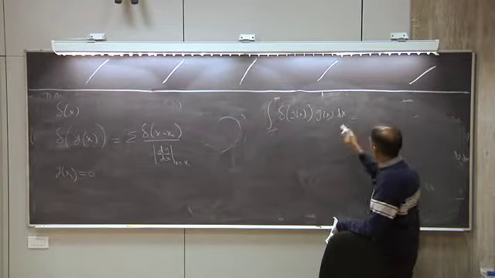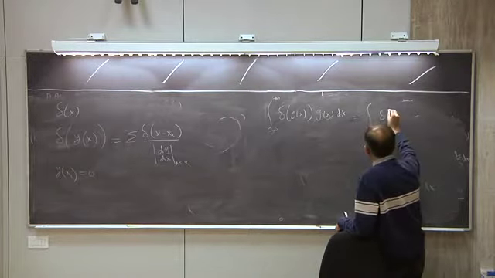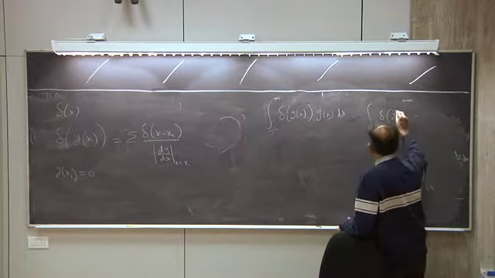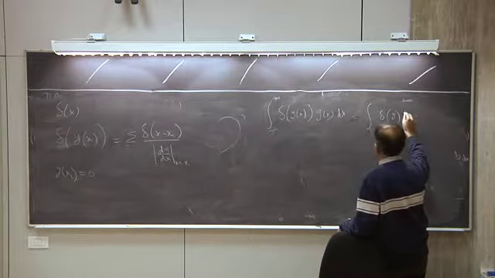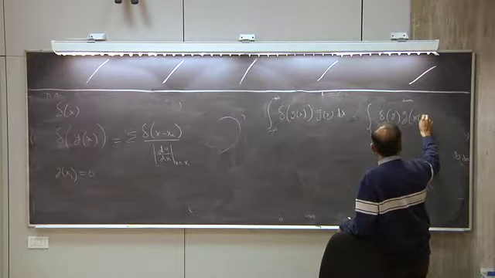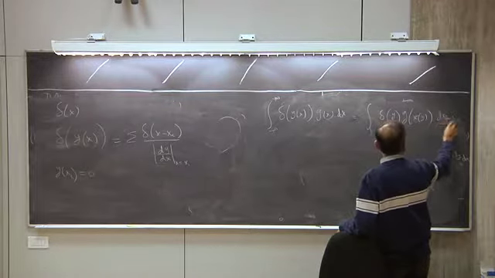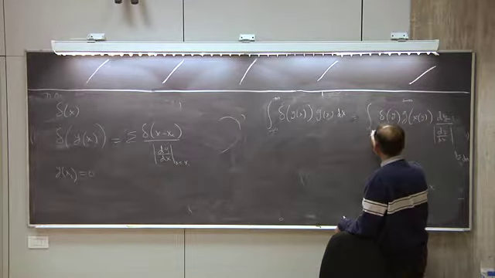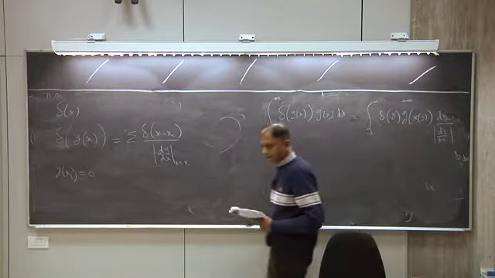By change of variable this is the same as delta of y. Now I treat y as the independent variable, and x becomes a function of y. So this becomes g of x of y, and dx becomes dy with a Jacobian, which is simply dy by dx, over the range of y.